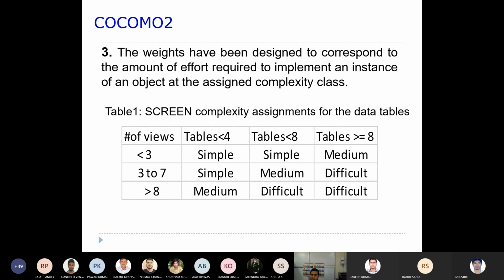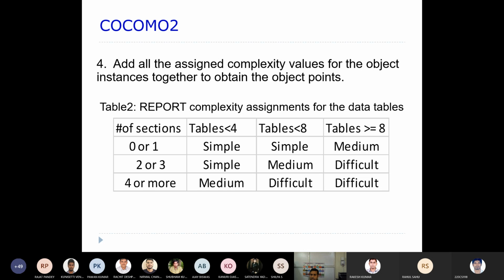Now similarly for your report, you can have the complexity. For the screen you have seen the number of views and number of tables. Similarly for report complexity, you need to categorize the report as simple, medium, complex, difficult, whatever it may be.